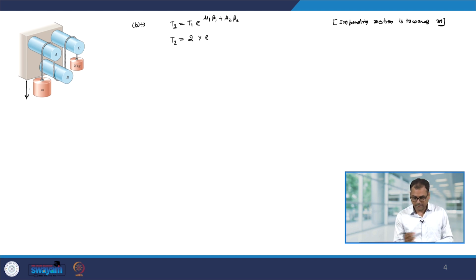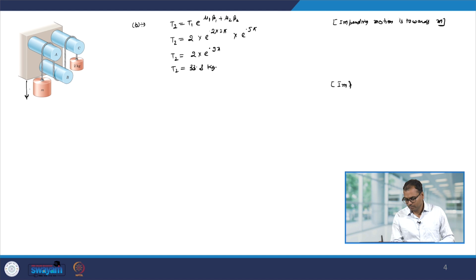For A and C, let me write down the combined way. So, it is 0.2 into total beta, which is pi plus pi, that is 2 pi, and then we have e to the power mu 2 is 0.5 and beta 2 is pi. Okay. So, this gives you T2 equal to 2 into e to the power 0.9 pi, or T2 will be 33.8 kg.